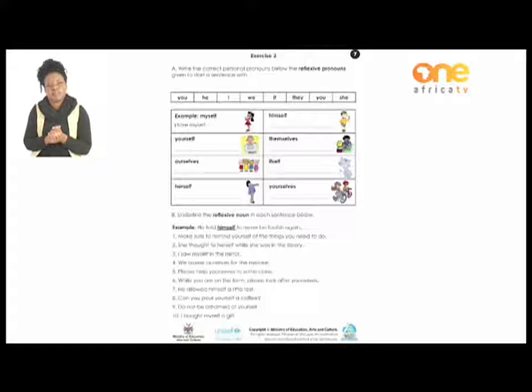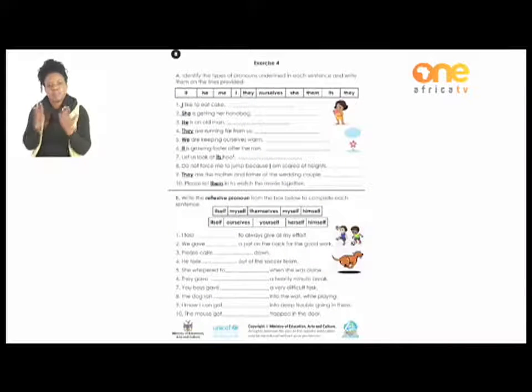Learners, let us look on page 8. On page 8, there is exercise 4. The instruction says, identify the types of pronouns underlined in each sentence and write them on the lines provided. If you can still remember, previously we did personal pronouns and possessive pronouns. I hope you can still remember the examples.